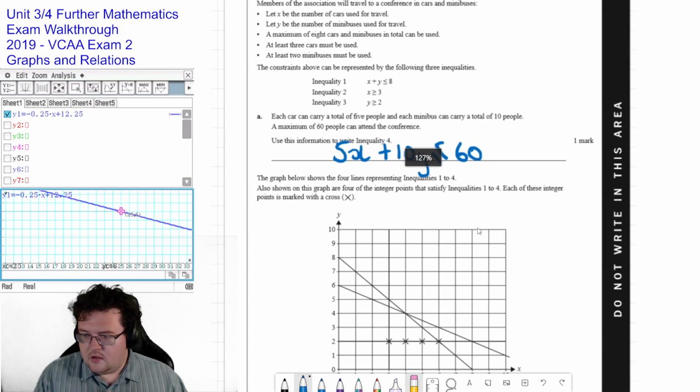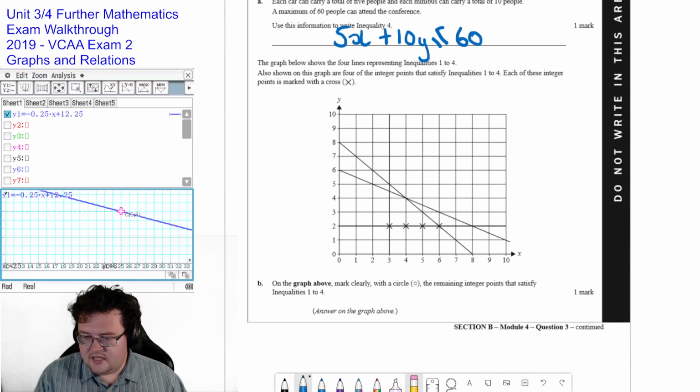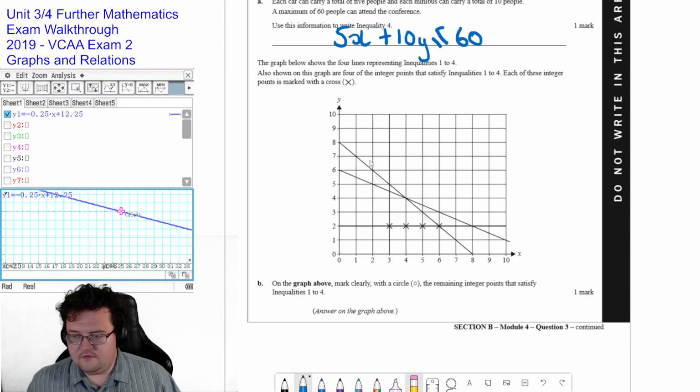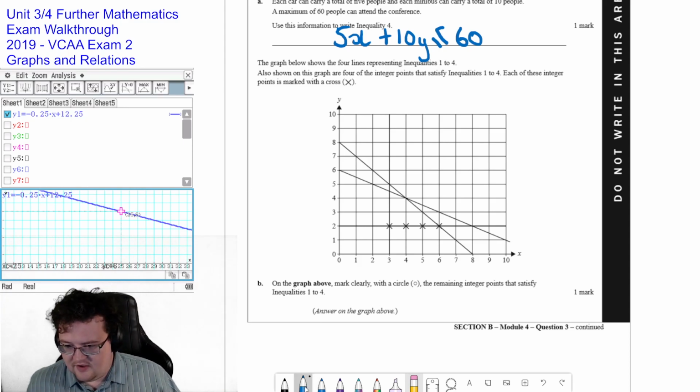So they've graphed those four inequalities for you. Clearly mark with a circle the remaining integer points that can satisfy all four inequalities. What 4 or 5 values, because there's actually 5, that I can pick on this graph. Now, first things first, if you were to actually graph that inequality, you're going to have a shaded area.